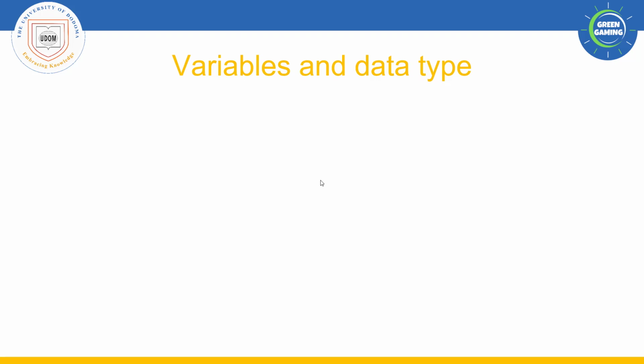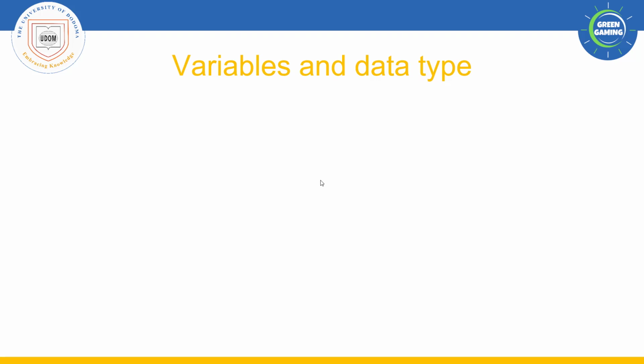Before diving into any programming concept, you need to understand what a variable is and what a data type is. When we are writing a website, an application, or a program to perform a specific thing, we are always dealing with data, with a lot of information. This information needs to be stored in some memory, in some area, where we can use it and manipulate it to do any specific thing that we need to do.